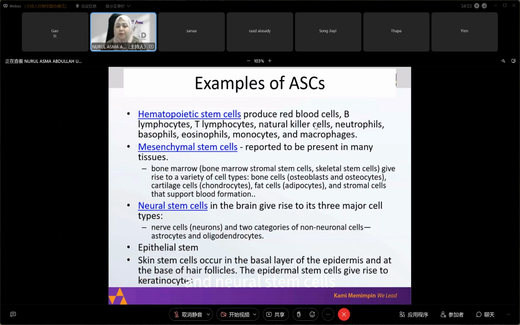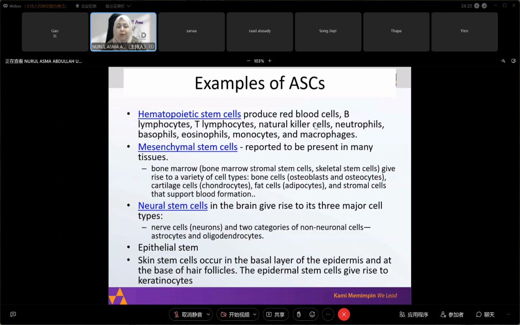And neural stem cells in the brain give rise to three major cell types. Basically, their lineage is very limited, so they can differentiate into all the brain cells, which include the neurons and also astrocytes and oligodendrocytes, which are important in the brain system.